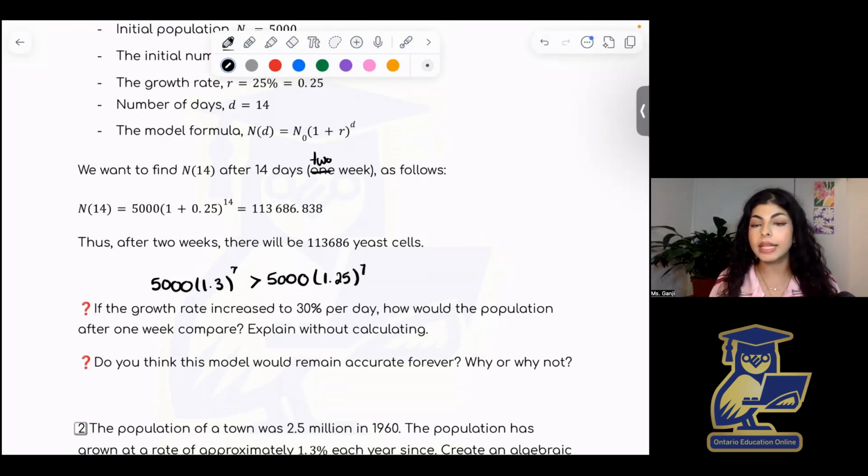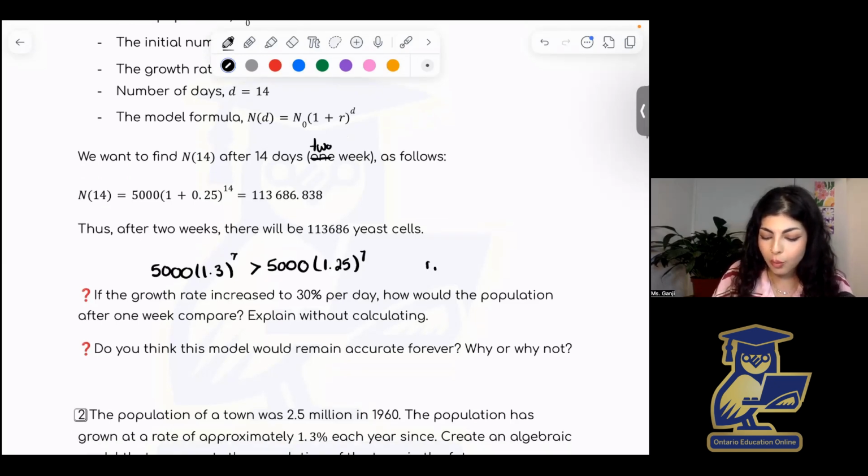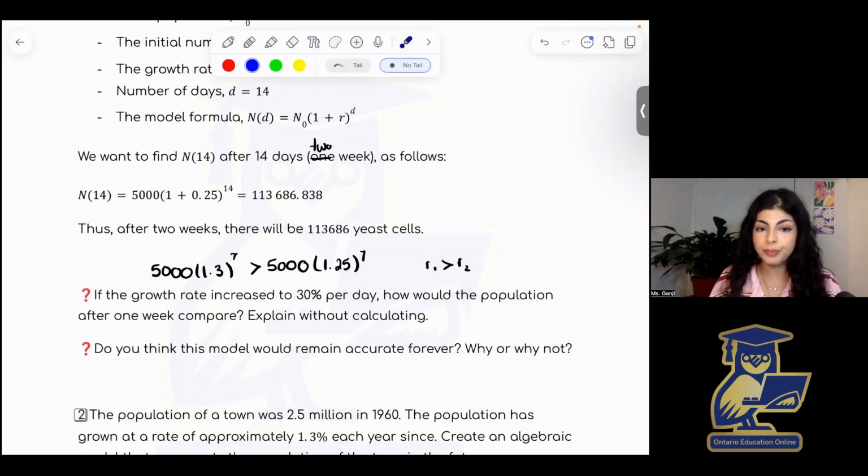So of course, as mentioned, when r is greater than 0, it is a growth. So when you are comparing two rates of change, when R1 is greater than R2, then we also expect that the resulting population using R1 is going to be more than R2.